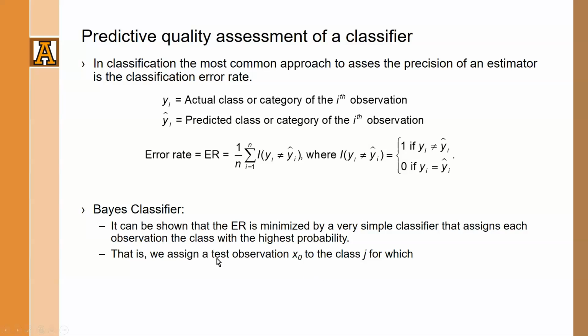That is, we assign the test observation x0 to a class j for which the probability that Y equals j, which is the class, given that X equals x0, is the largest. So if we have 3 classes and the largest probability goes to class 3, you will assign the observation to class 3 and so on.